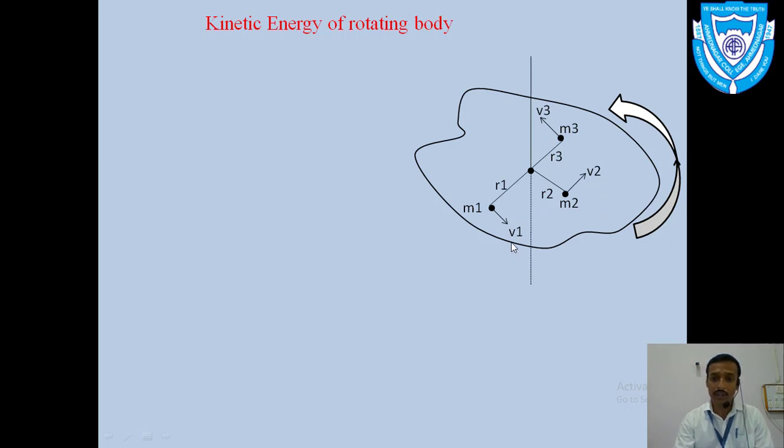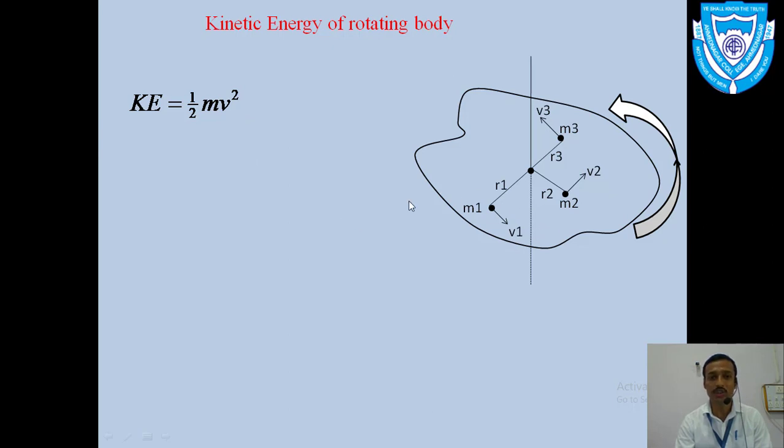So here v1 is the linear velocity of mass m1. If we know the linear velocity, we already know the formula for kinetic energy: kinetic energy is equal to half m v square. This is the formula for kinetic energy of linear motion.